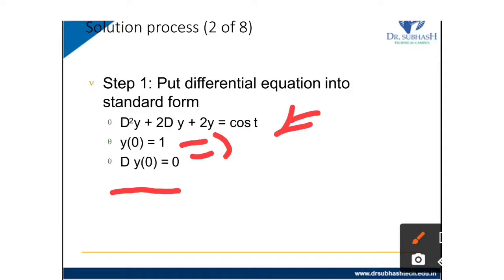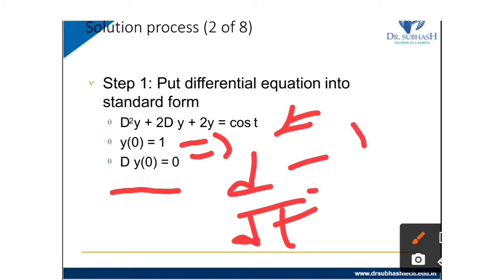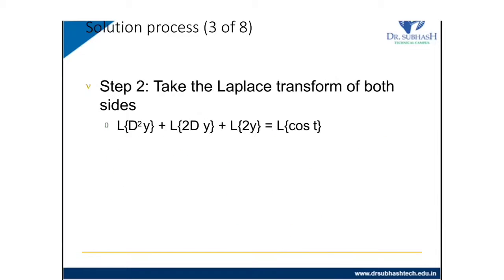So we just have to keep in mind that when we get d by dt, we will put it equal to capital D. It is the first step.